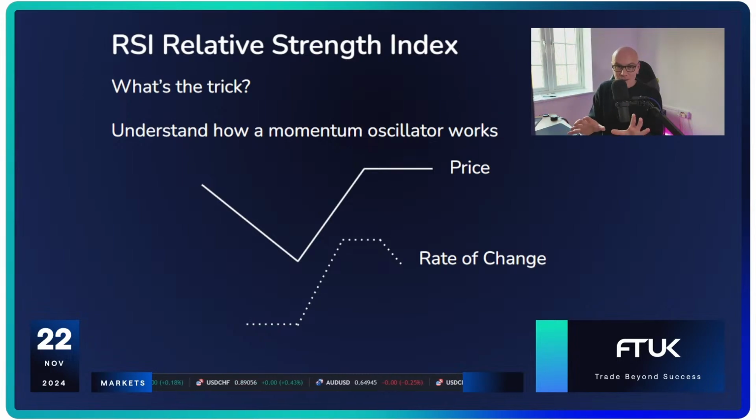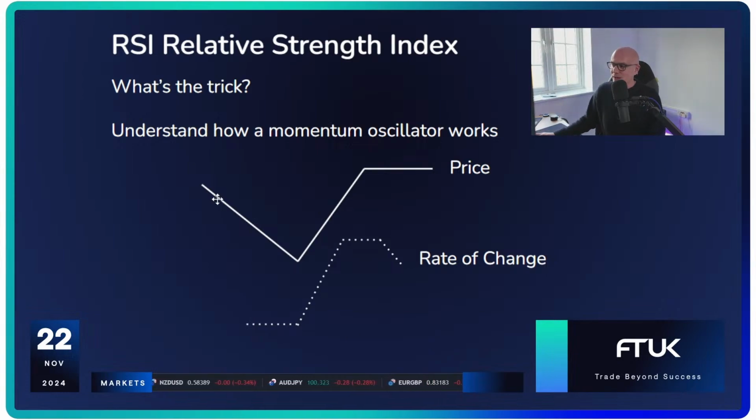So we're going to go right back to the beginning, and this is a diagram of how a momentum oscillator works. You will get lots of different oscillators that will be measuring momentum, but this is the core principle of how momentum is measured in the format of an oscillator on a chart. You can see here in front of you, you've got the price at the top here, and you've got the momentum oscillator at the bottom. And what that is measuring is the rate of change.